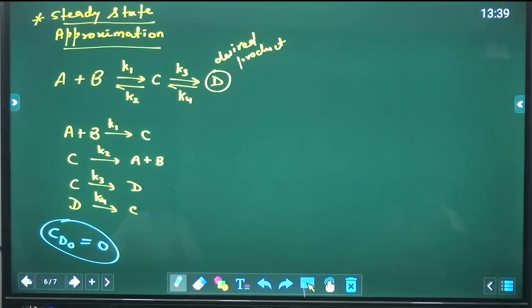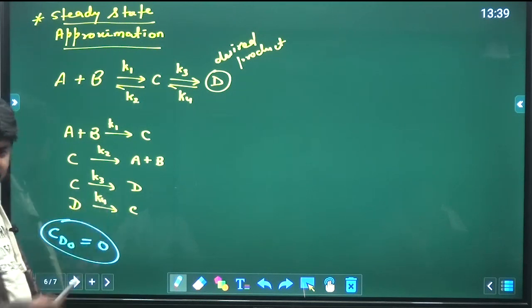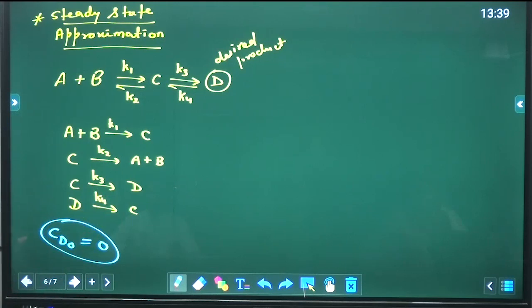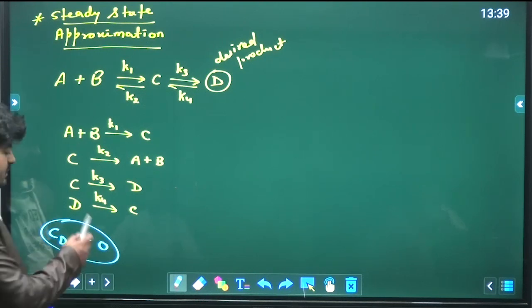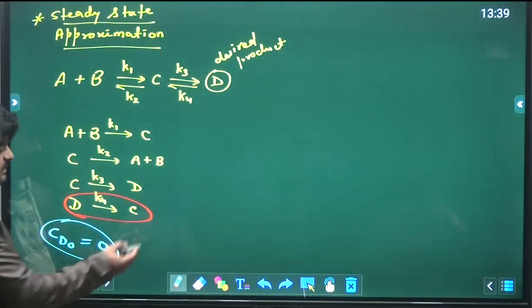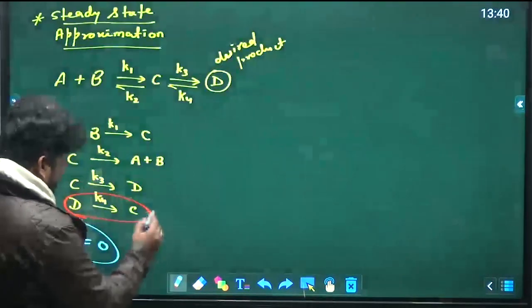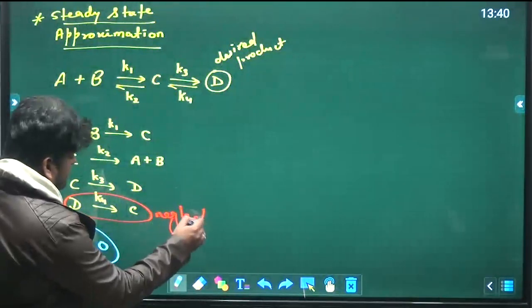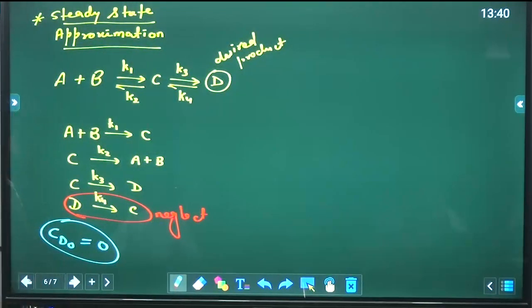So the amount of D will be 0 initially, and whatever D is there in the reaction mixture is due to the formation of D. Clear? Because C is disappearing into D, D will be formed, and the amount of D will be small. Because for the reverse reaction to occur, D must also be there. If D is not there, then how will the reaction happen?